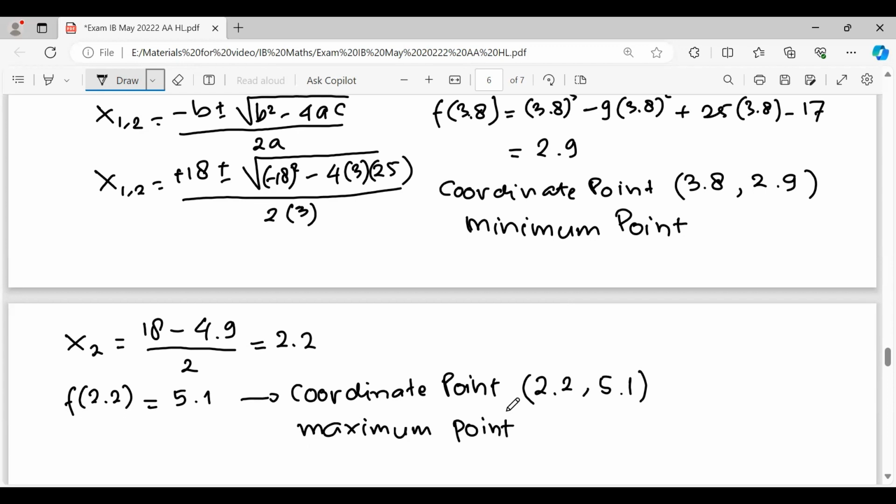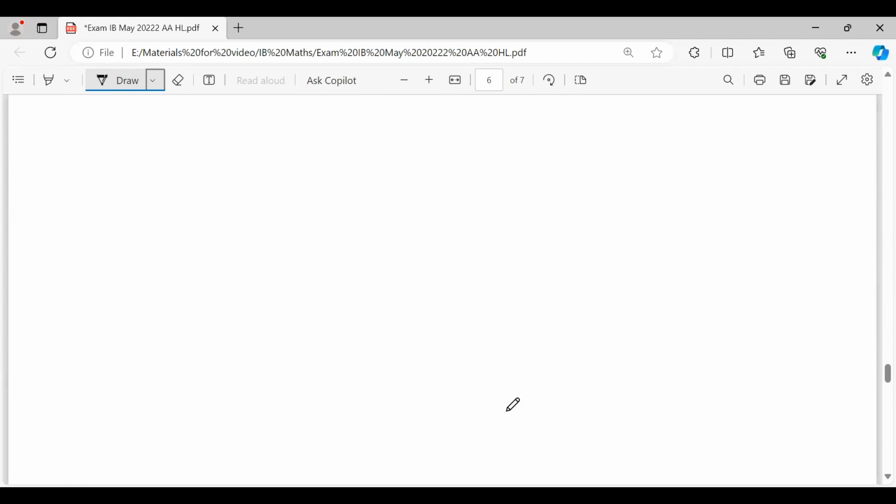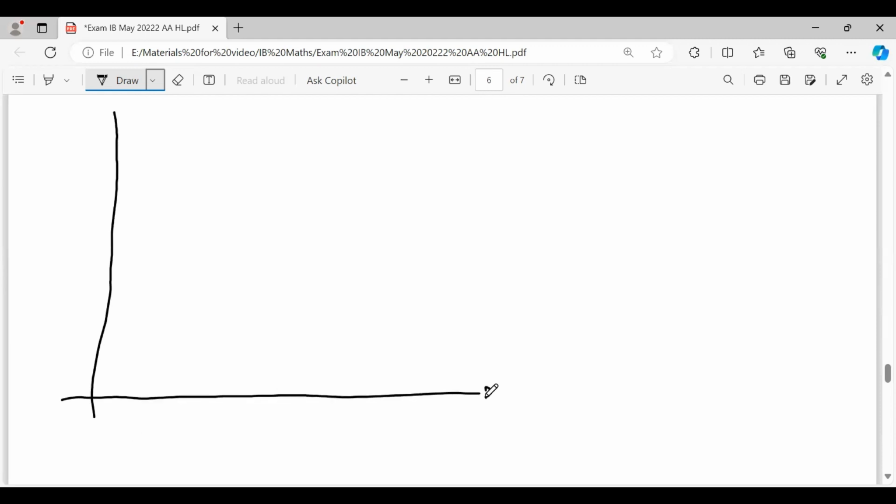Right. So we're going to sketch. Okay. Y-axis, x-axis. 1, 2, 3, 4, 5, 6. 1, 2, 3, 4, 5, 6.